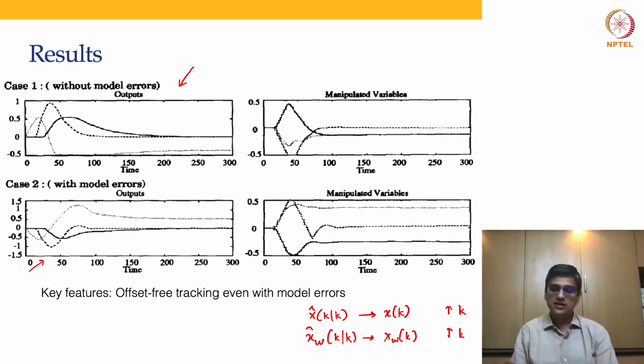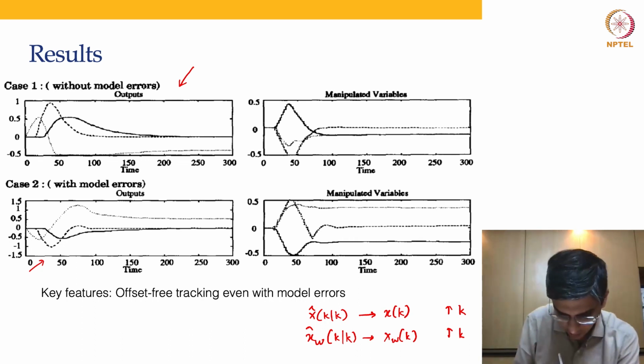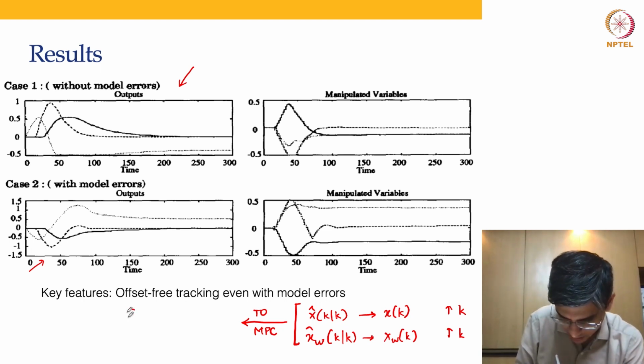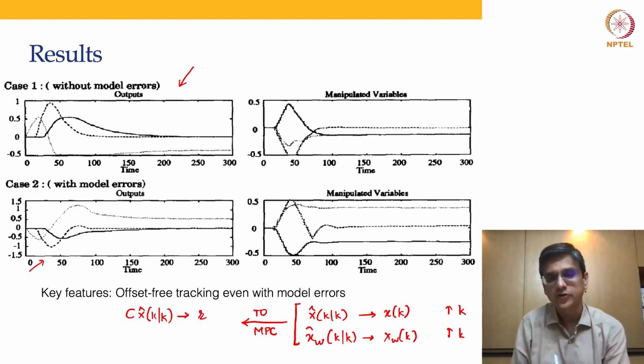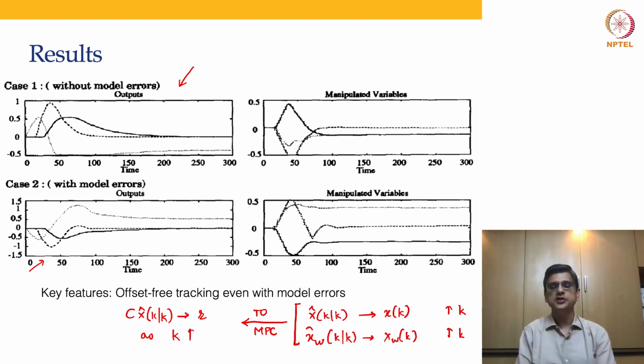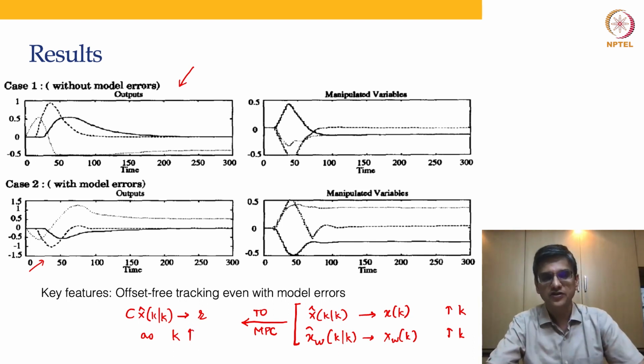Okay, or at the very least asymptotically. If these 2 are guaranteed, then you have estimation which is bias free. Okay, so this is bias free estimation. This then gets fed into the controller, and for the controller, c multiplied by x hat k given k should tend to r, the set point, as k increases. Okay, and both these conditions together guarantee offset free control.